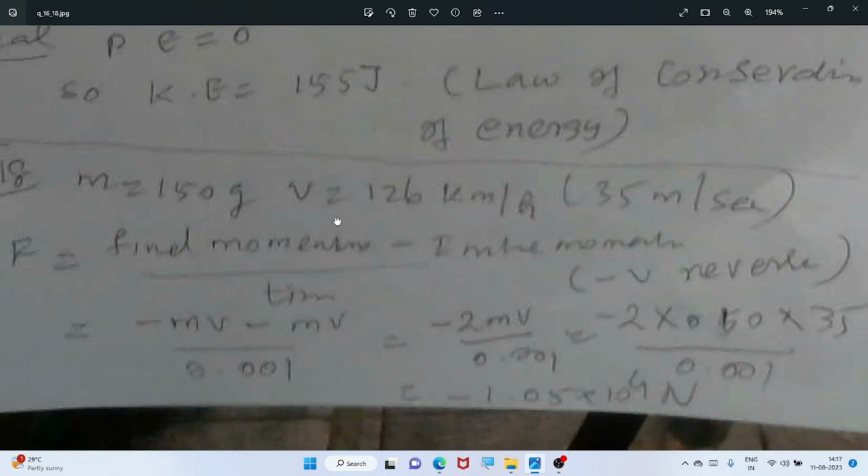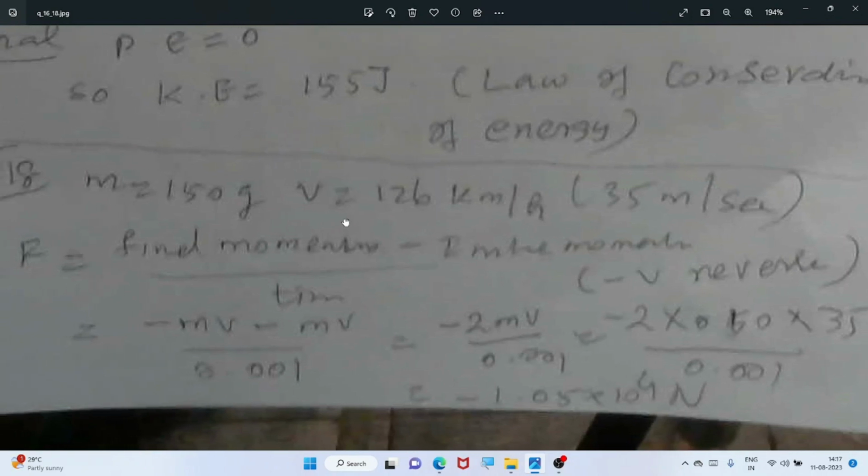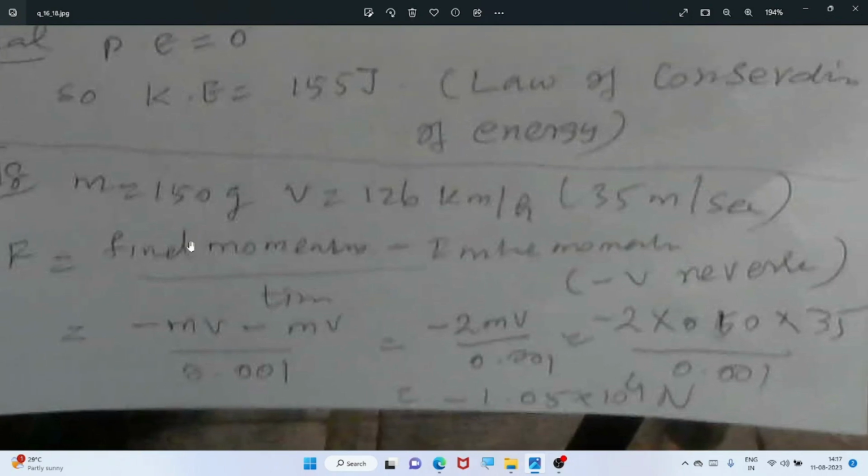The force is the change in momentum divided by time. The change in momentum will be the final momentum minus the initial momentum. Because the ball hits back, the velocity will be negative, so the final momentum is minus mv, and the initial momentum is mv. That gives minus 2mv divided by the time change. So after that, this is this much force.